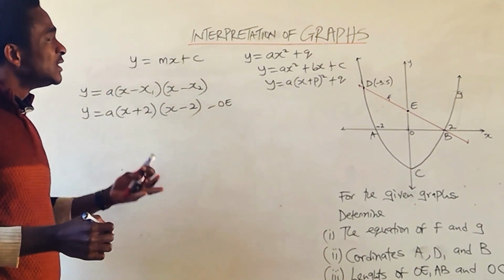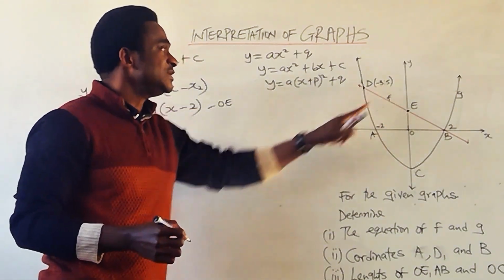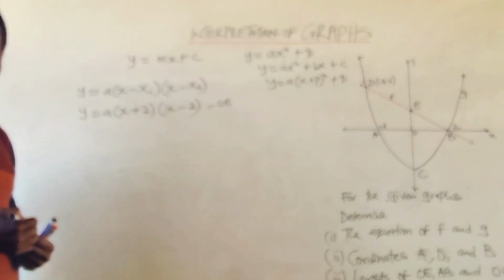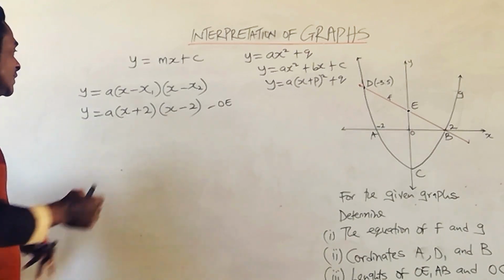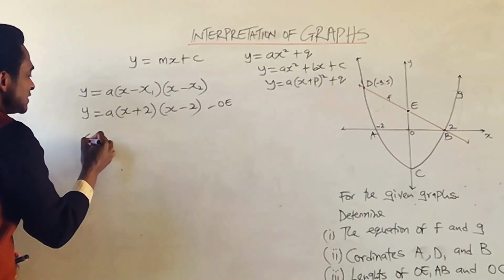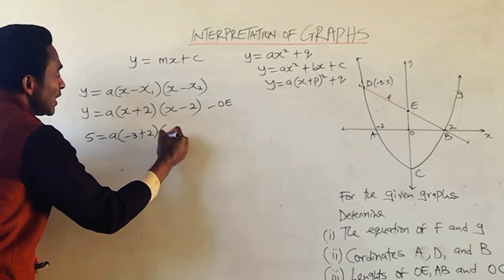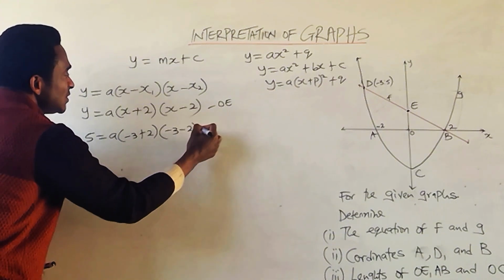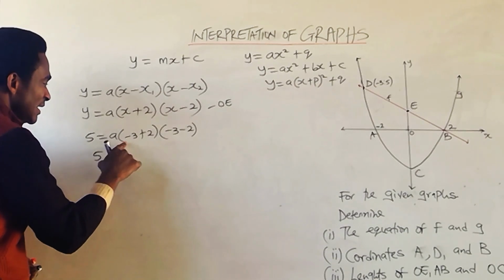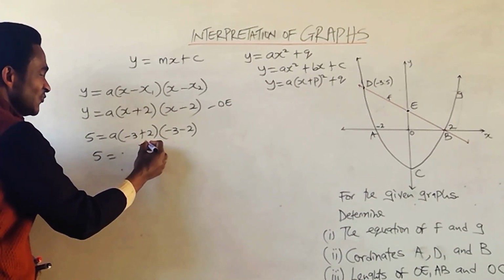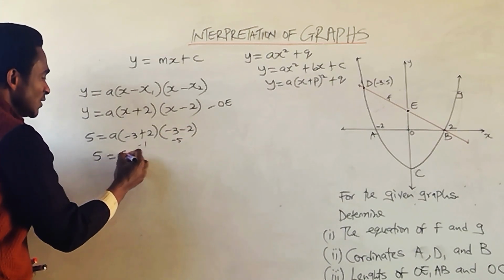Now we check around if any other coordinate is given. If we check here, this coordinate is still given on the graph of g. So we sub in that coordinate to get our value of a. So there, y is 5 and x is -3. So we'll have -3 plus 2 and -3 minus 2, and if we simplify this, -3 plus 2 is -1, -3 minus 2 is -5, so we'll also have 5.